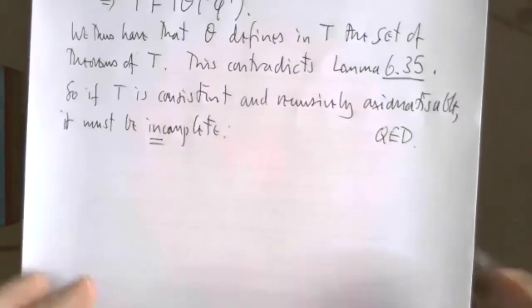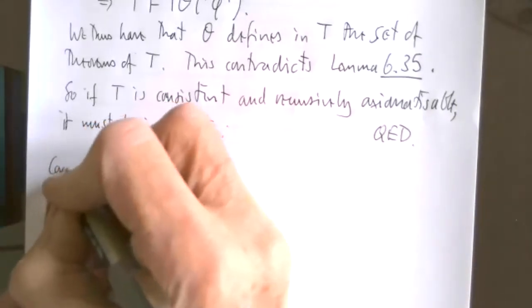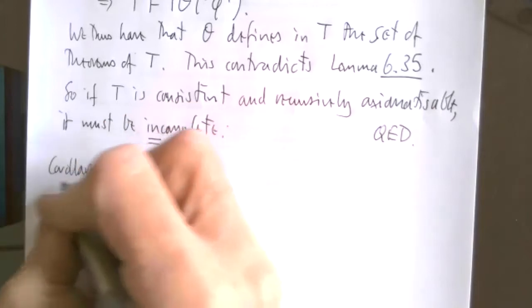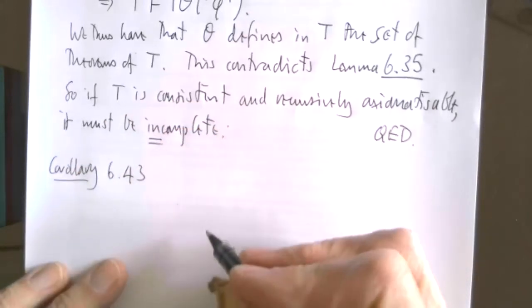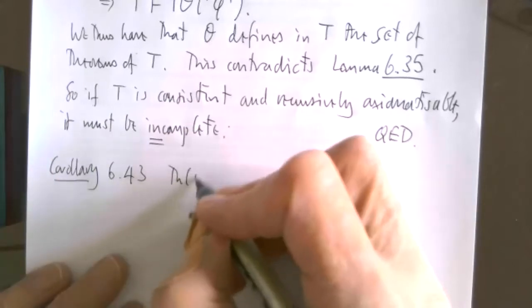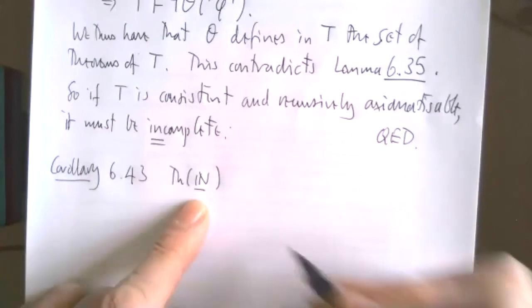Let's just draw out this final corollary. True arithmetic is the theory of the natural number structure.